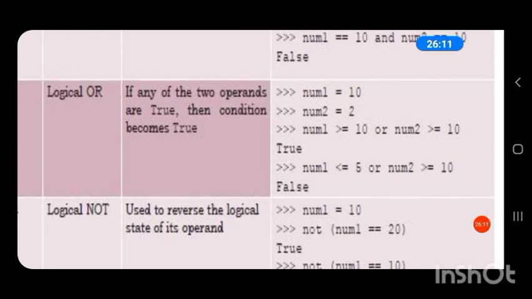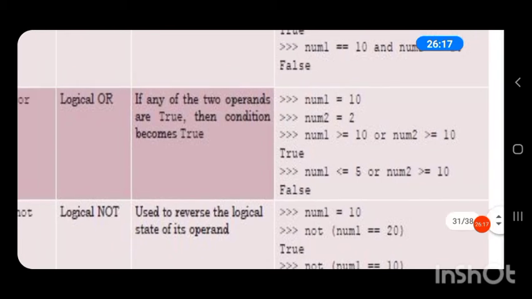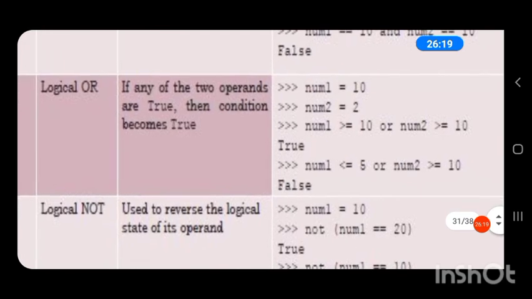Let us see, num1 is equal to 10, num2 is equal to 2. There is a condition, num1 greater than or equal to 10 or num2 greater than or equal to 10. So what the interpreter will do is, when it starts executing, it will check num1 greater than or equal to 10.